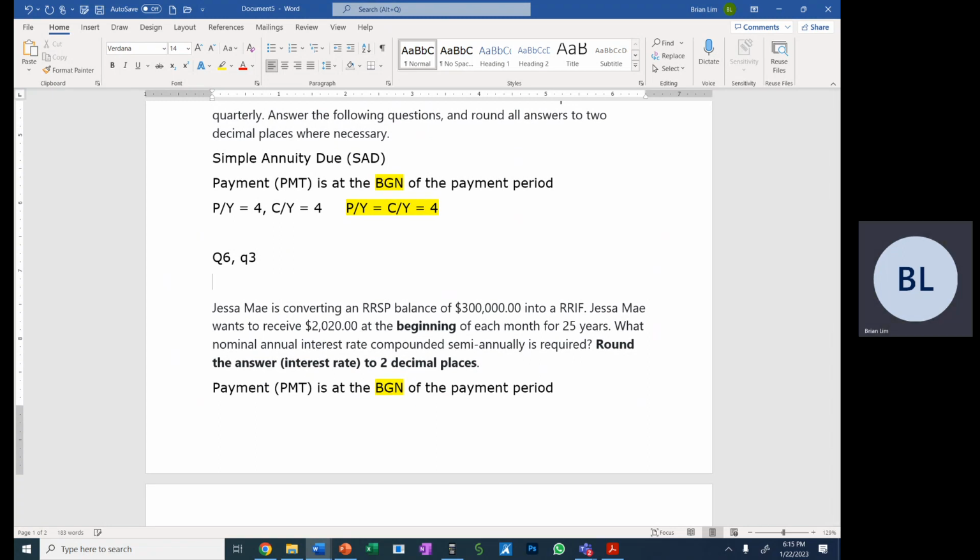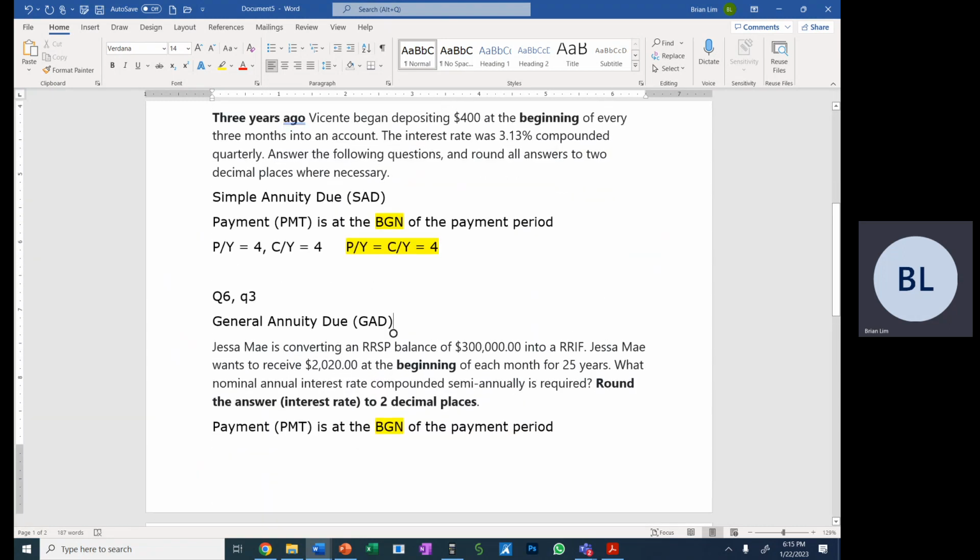All right, so this would be a general annuity due. Okay, or you could say GAD for short, and there we are. Okay, so those are the 4 types, and those are 4 examples showing how it happens.